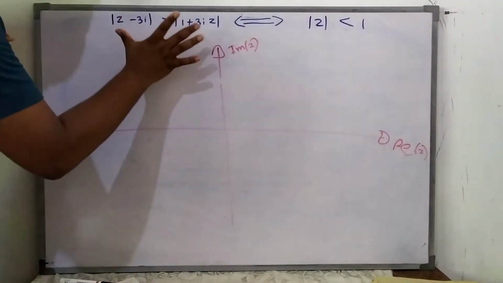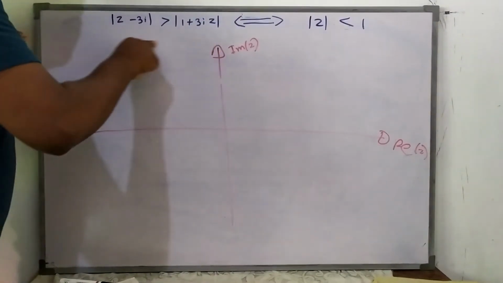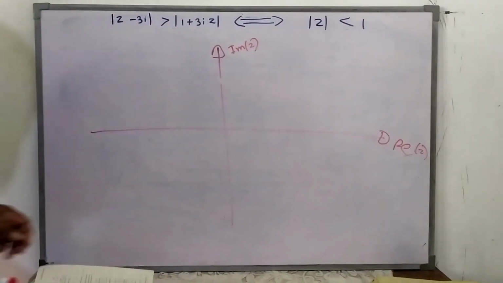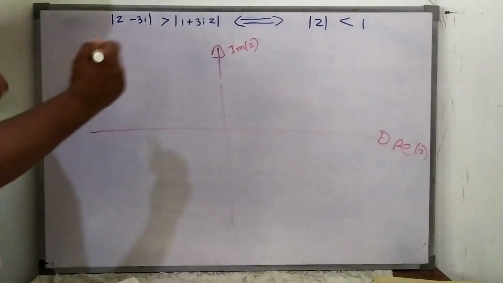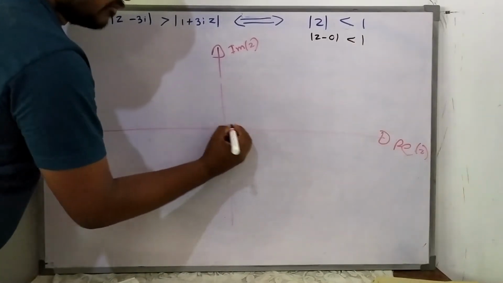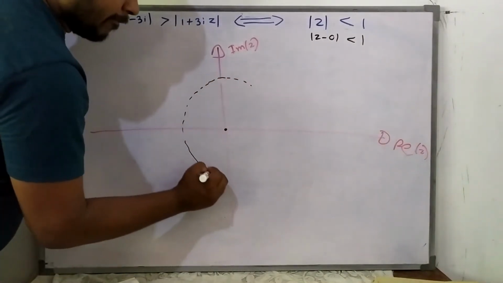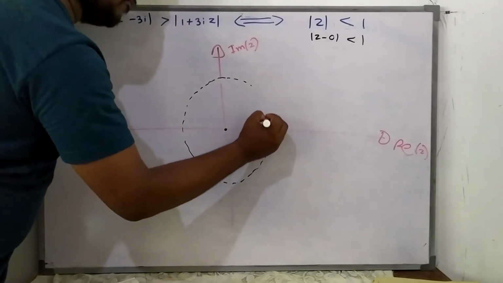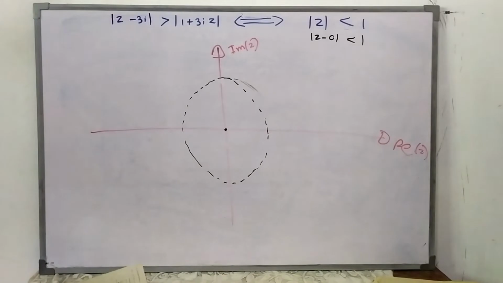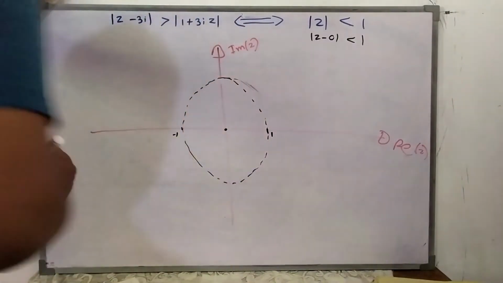So what is modulus z less than 1? It is modulus z minus 0 less than 1. This is the diagram of modulus z less than 1. So the radius is 1. Over here it's 1, over here it's minus 1.